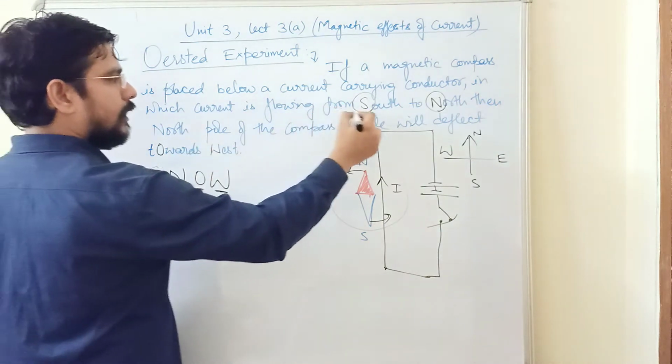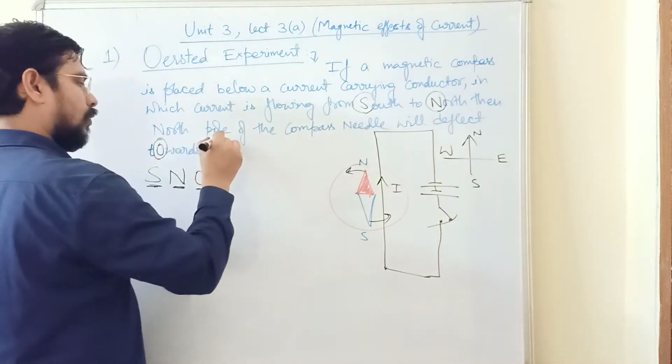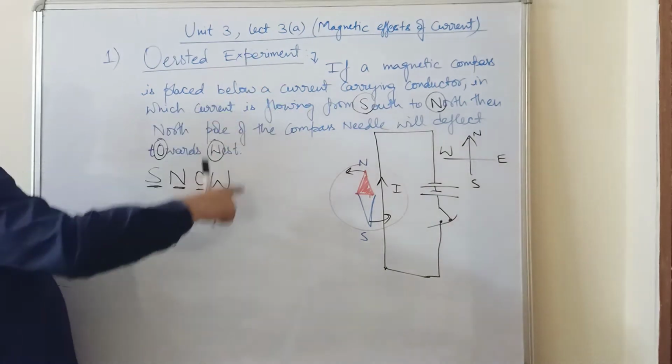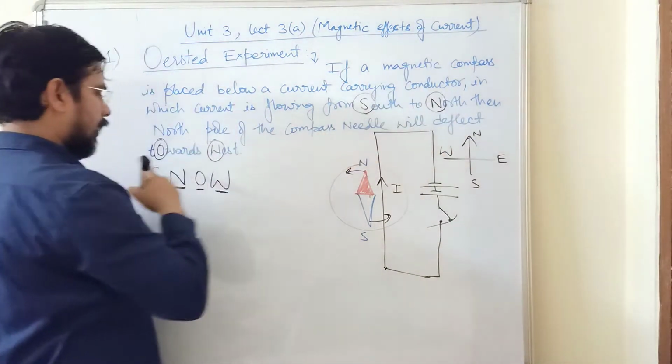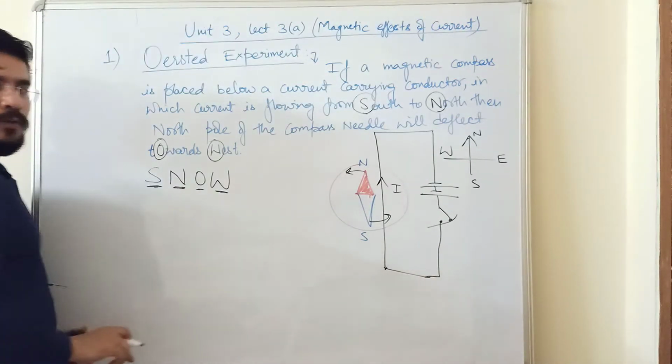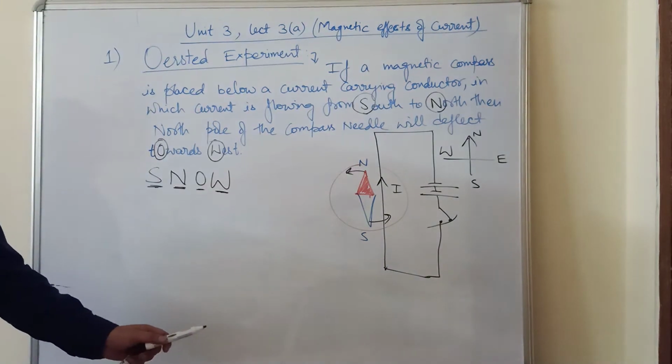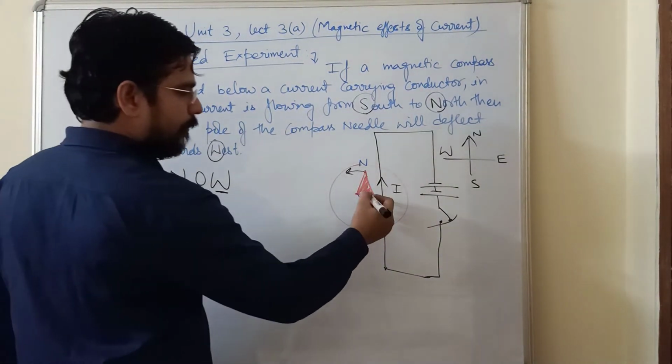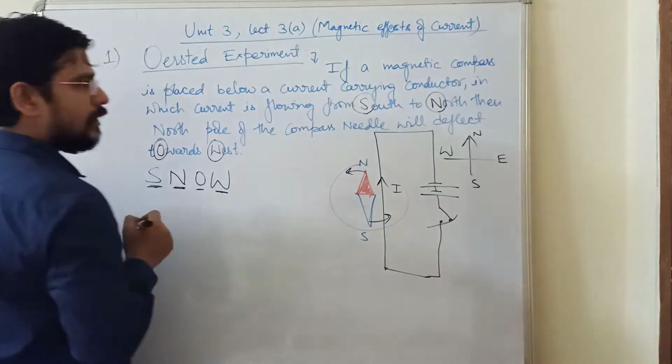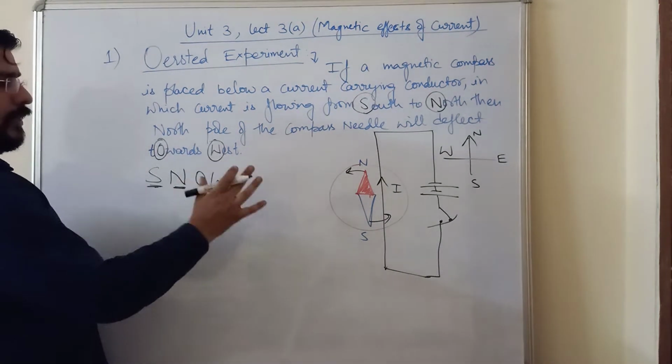So with this one word S, N, O and W, you can remember the definition. Current is flowing from south to north and the needle will deflect towards west. This is known as Oersted experiment. This is the first law.